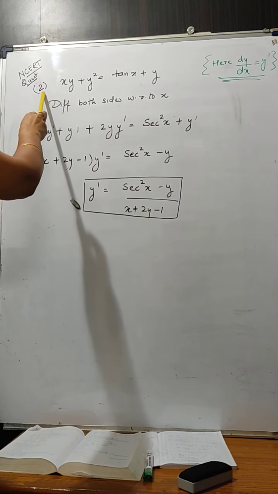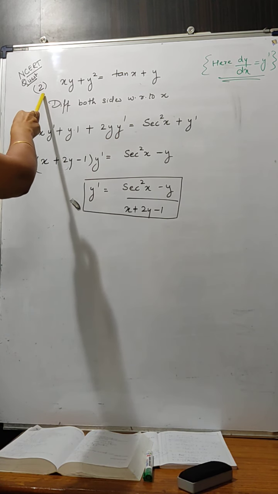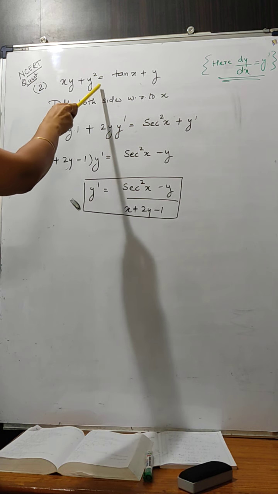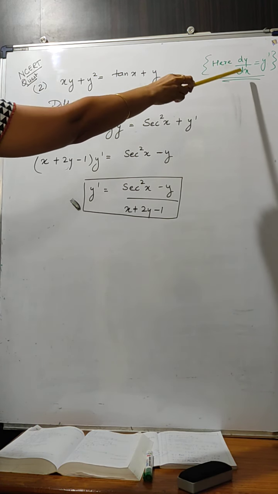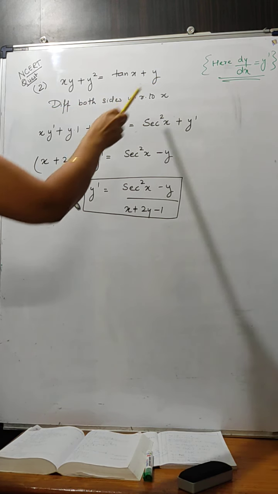Now let us take one more question from the NCERT textbook: xy plus y square equal to tan x plus y. Students, I have taken dy by dx equal to y dash.